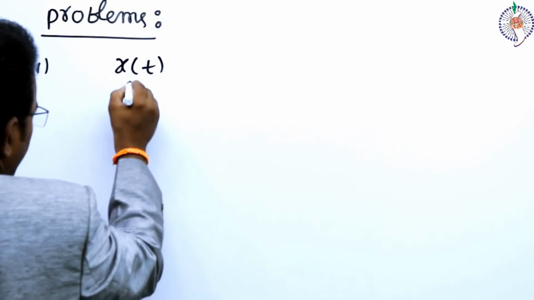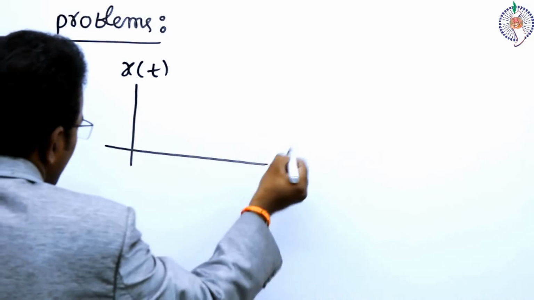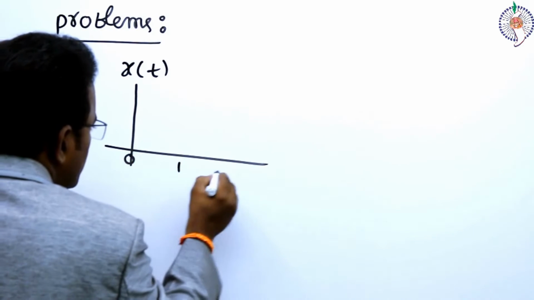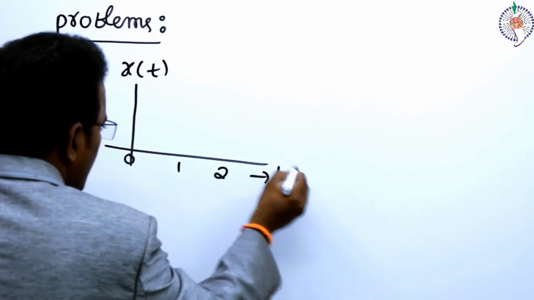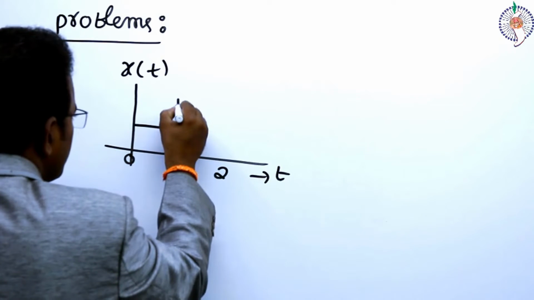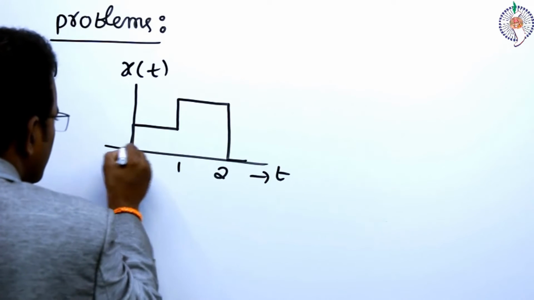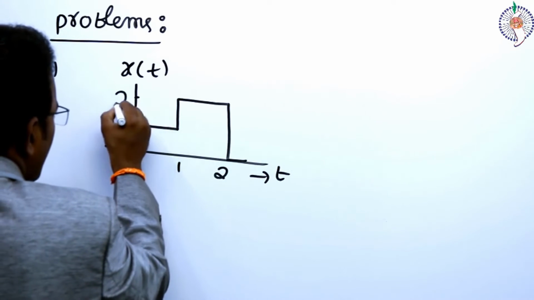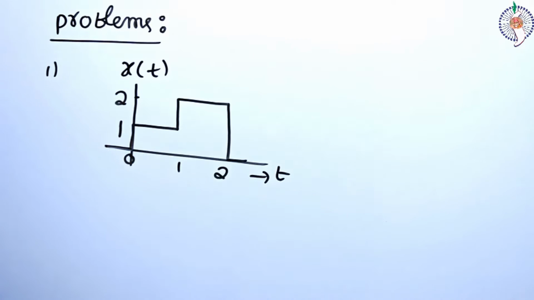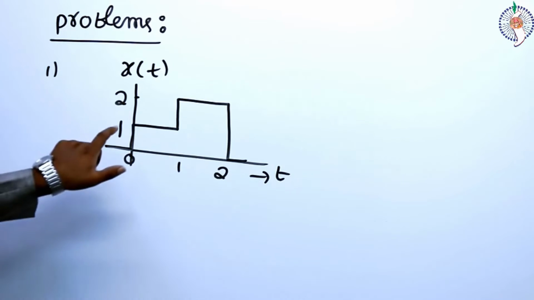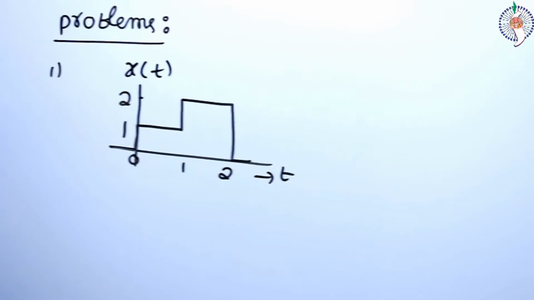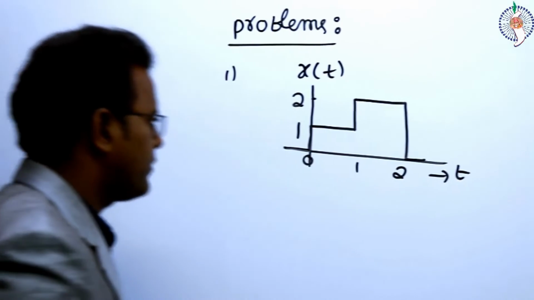They have given the problem x of t like this, which exists from 0 to 2 like this. One, here value is 2. Now this signal we need to represent with the unit step signal.